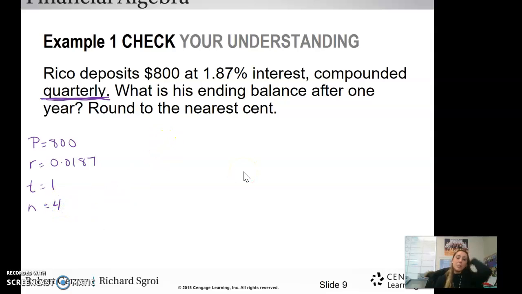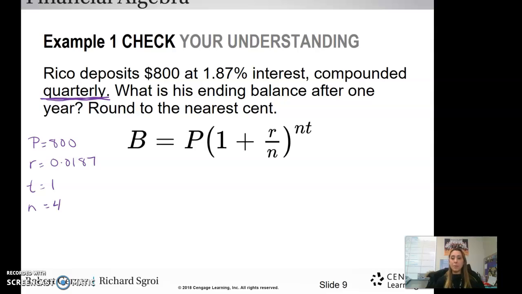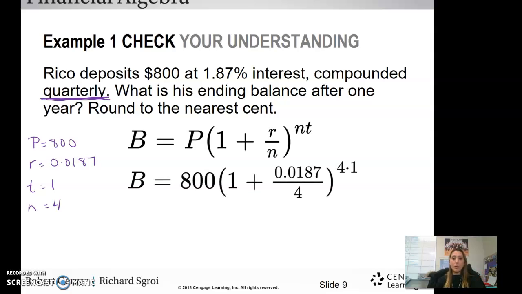Okay, so we're going to use the same formula, the compound interest formula. We're going to plug it in. We have our 800 where the P is. We have our interest rate right here. Our n, quarterly, is right here, and our time is here. So we plug all of that in, and we get 815.065.